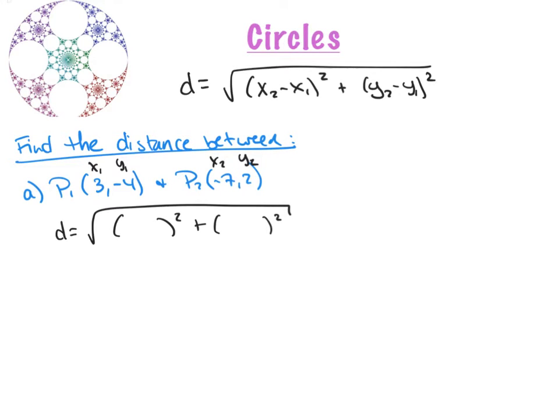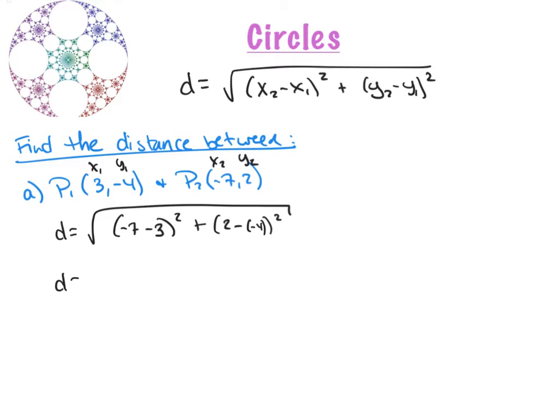Okay, so x2 minus x1 would be negative 7 minus 3. And y2 minus y1 would be 2 minus negative 4.